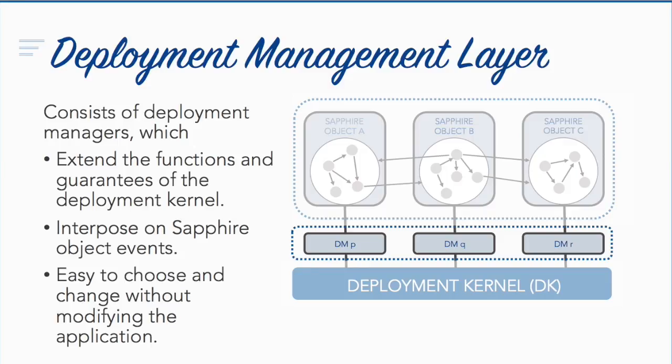This API is designed for developers who will develop more complex applications. They can accomplish complex distributed tasks by the deployment managers telling the deployment kernel what to do, because the deployment kernel does all the heavy lifting.